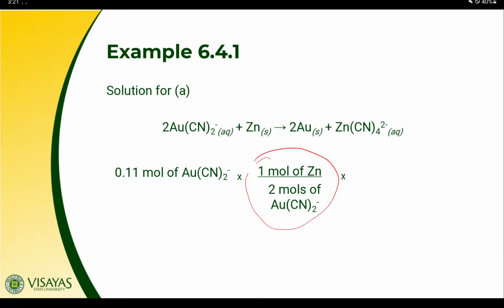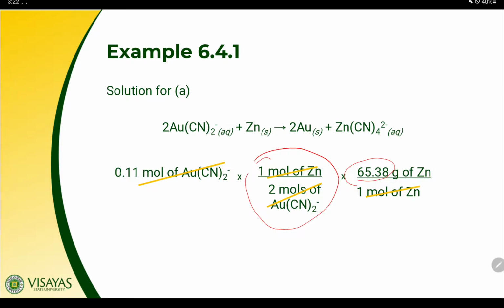So next, to convert mole zinc to gram zinc, we will use the molar mass of zinc. The mass can be found in the periodic table of elements. Here in the conversion factor, we put mole zinc in the denominator so that we can cancel that unit, and the gram zinc in the numerator. So now we cancel mole gold cyanide and mole zinc.